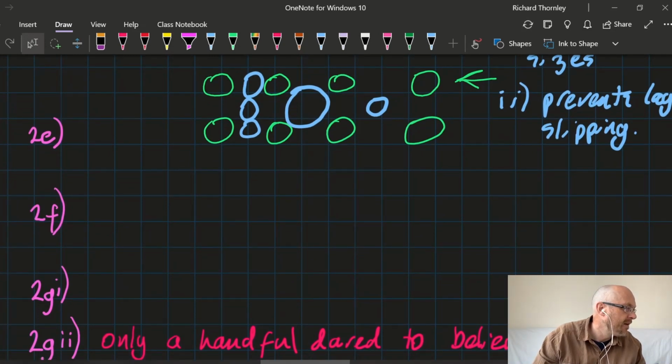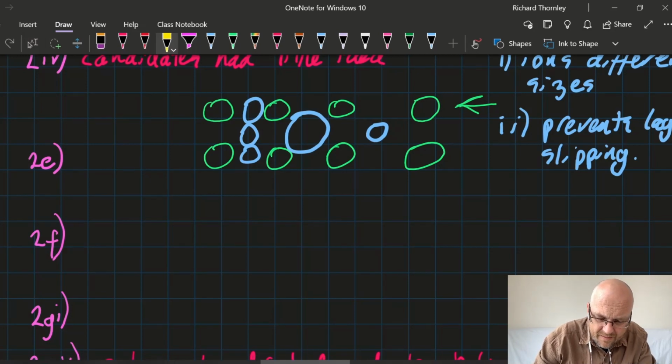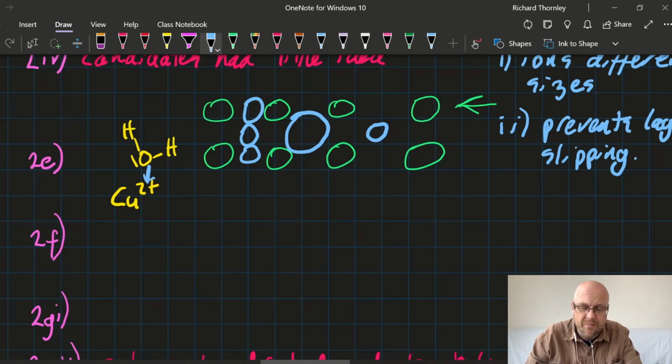E. So ligands. So just to refresh your memory, if I have, for example, copper 2+ ion, and then I have some water coming in as a ligand, it's kind of a classic example, then one of the lone pairs on the ligand will make a dative covalent bond with the central transition metal ion.